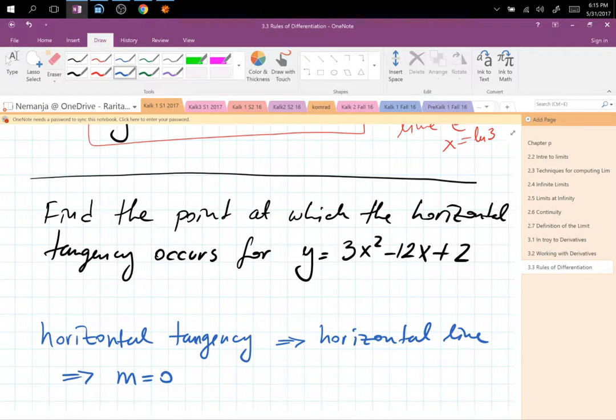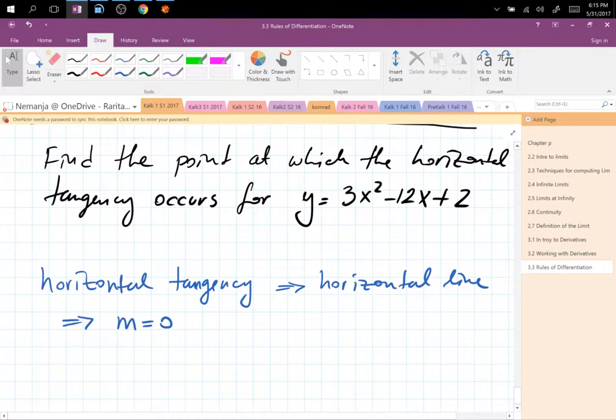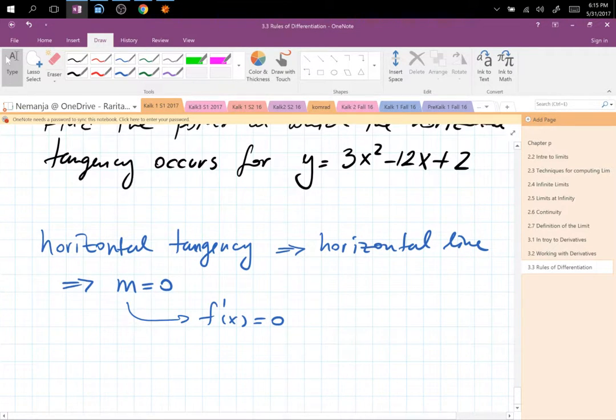And what else is important? And we know that the slope is actually the derivative, so that implies the derivative should be 0. So we quickly find the derivative, which is 6x minus 12. We set that equal to 0 from above, and x is equal to 2.